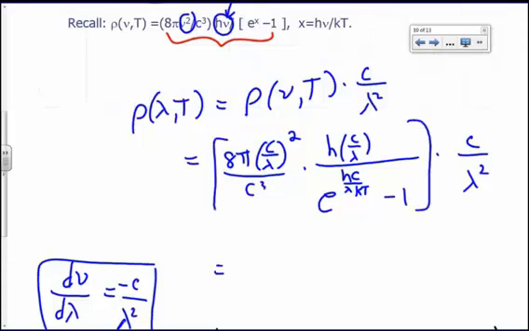To simplify this, you get c cubed in the numerator. You have c squared and c, that cancels out c cubed.